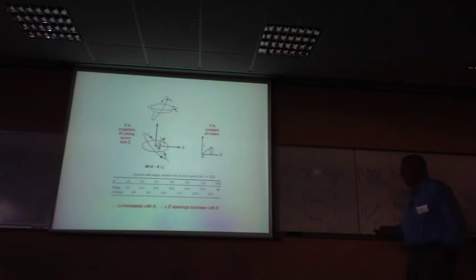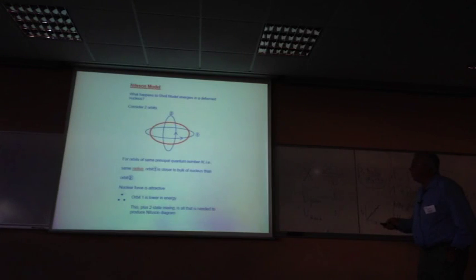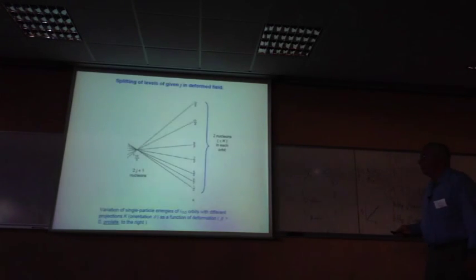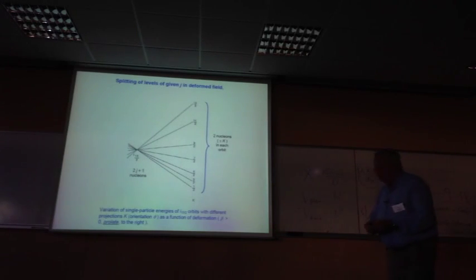So if you take that information and go back to here, you would expect that the energies of particles in low K states would be more similar to each other than energies of particles in adjacent high K states, simply because for the high K states, the angle changes more as you go from one K to the next. Okay, clear?